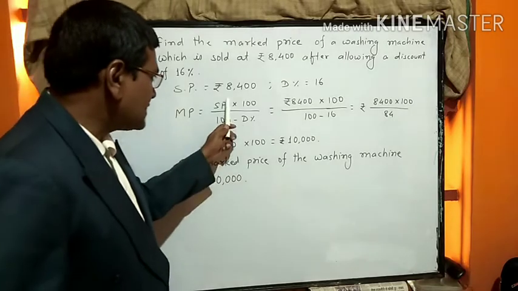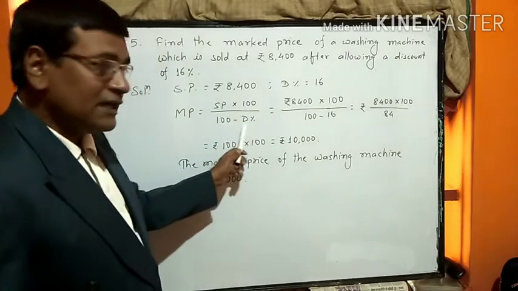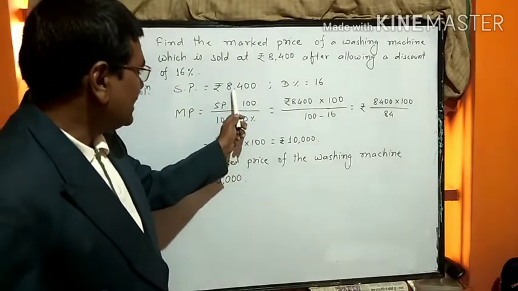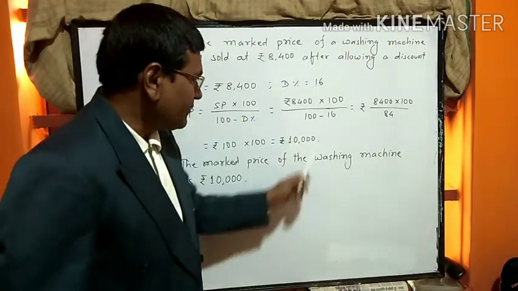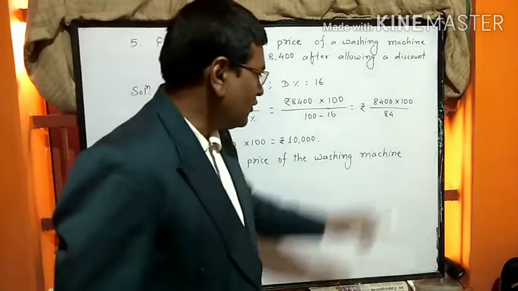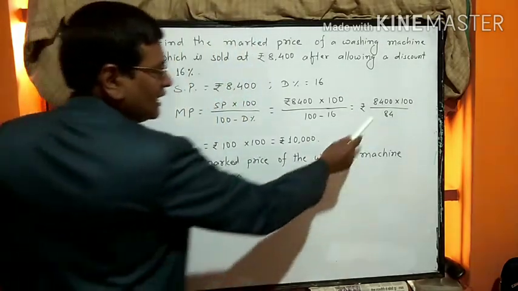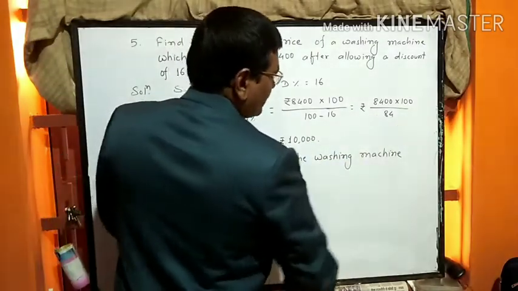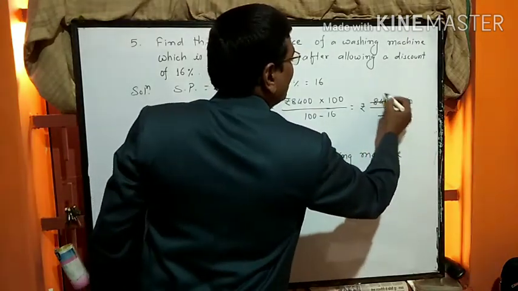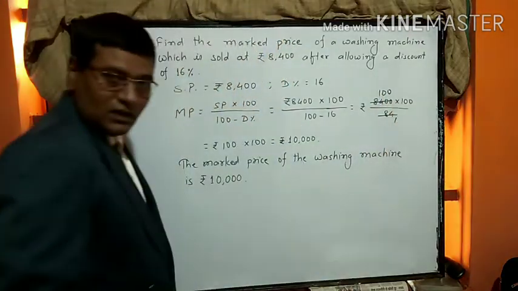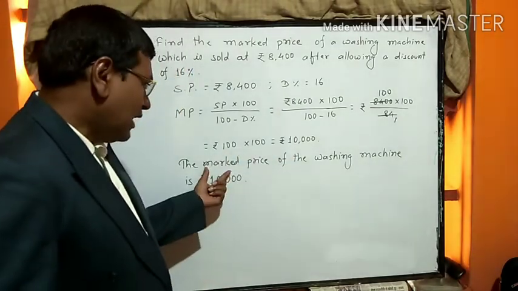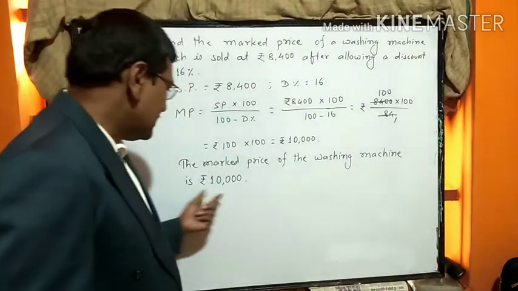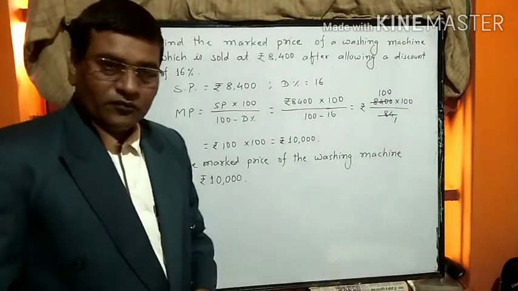MP equal SP into 100 by 100 minus discount percent. SP is 8400. Discount percent is 16. 100 minus 16, 84. Now cancel it. 84 1 ja 84 and 84 100 ja 8400. 100 into 100 10,000. The marked price of the washing machine is rupees 10,000.